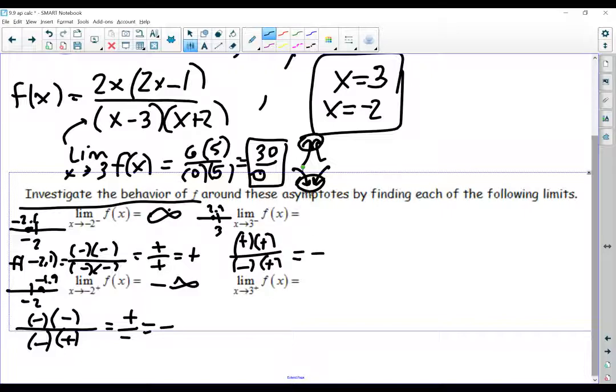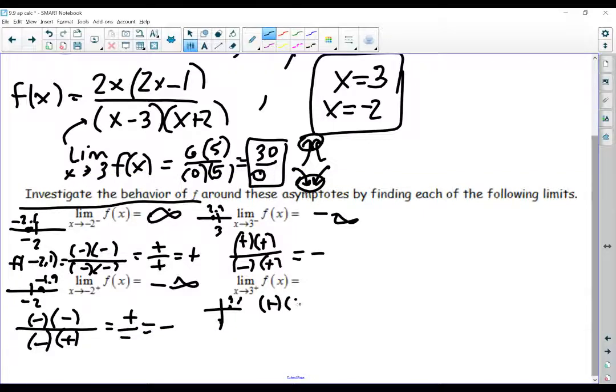I end up with a negative, which means the answer is negative infinity. If I test 3.1, I'm going to end up with all positives, okay, which tells me that my answer would be positive infinity. So again, if I ask for the limit as x approaches 3 of f of x, the only thing I can say is that it does not exist.